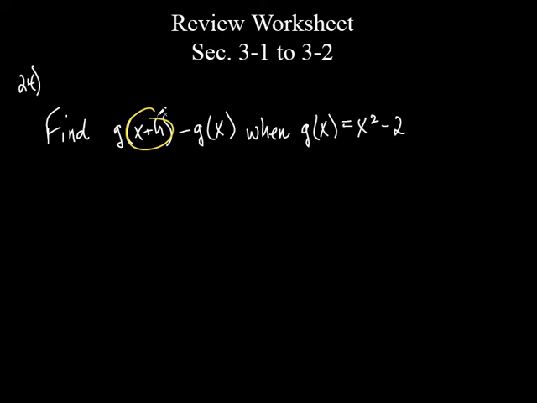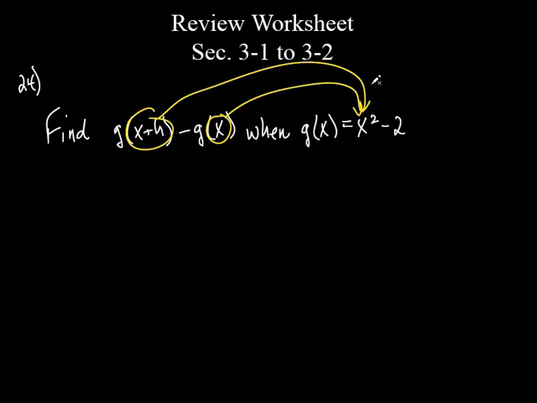The other problem said g of 2, right? So we took that number and plugged it in for the x here, didn't we? So we're going to take this and plug it in right there for that. And then we're going to put a minus, and then we're going to take this and plug it in right there. Does that make sense? Yeah.